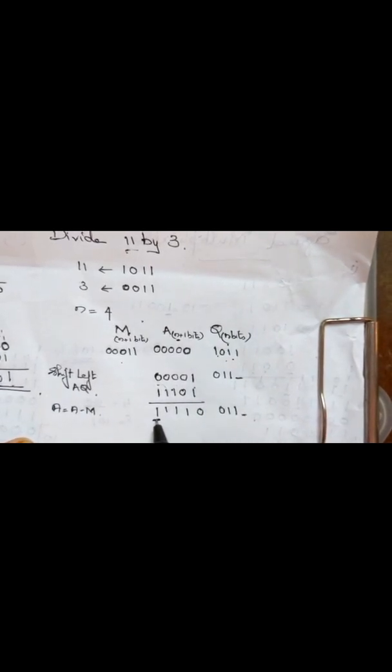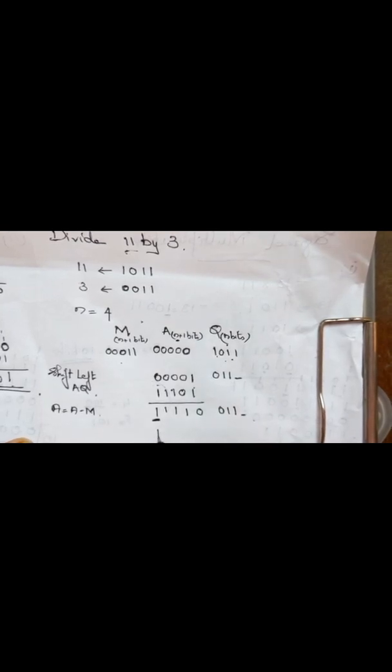Now you have to check the bit. This bit you have to check: the A of n bit. If this bit is equal to 1, this Q0 value, the Q register bit, will be set to 0. So if the nth bit of the A register is 1, here you have to place 0.